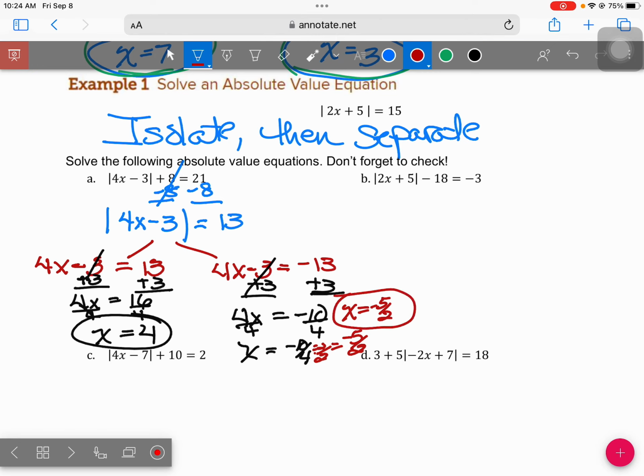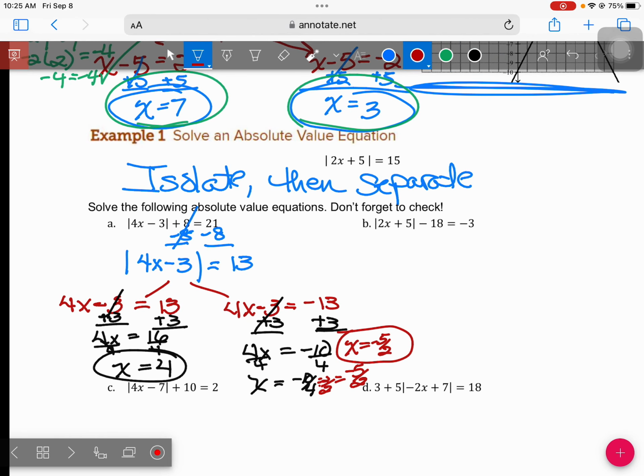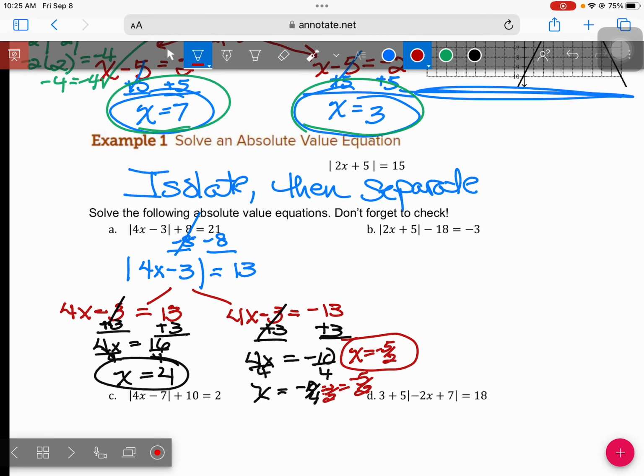You're like, man, a fraction? I know. So let's do a quick check. Yes, you should check, at least mentally, if not writing it down. So in my check, I have absolute value of 4 times 4 minus 3 plus 8 equals 21. 4 times 4 is 16 minus 3 is 13.